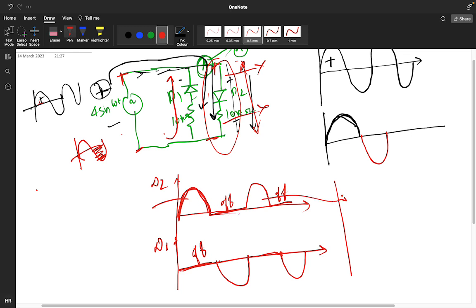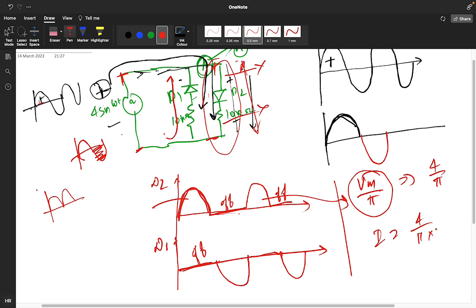We have seen the average value of this. Yesterday we calculated that it was Vm by pi. So how much average voltage will come? 4 by pi. You got the 4 by pi value here. And what will be the current? 4 by pi divided by 10 kilo ohm, so that is 0.4 by pi milliampere current, right?